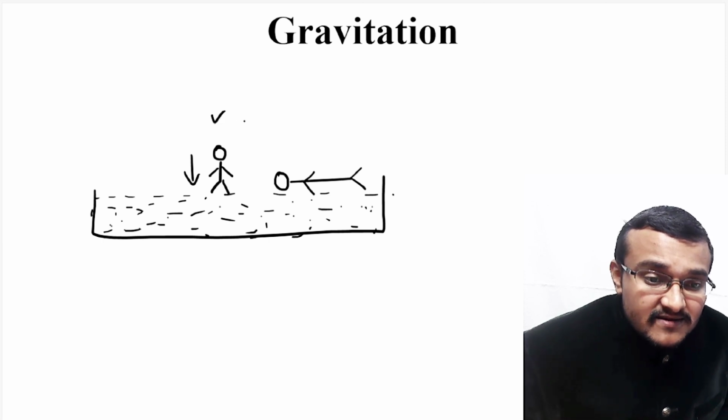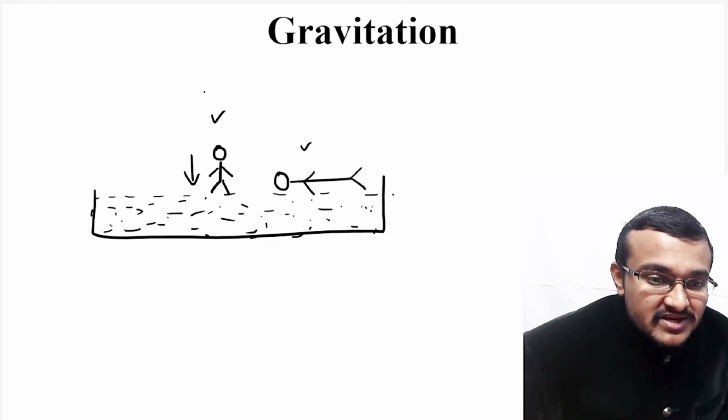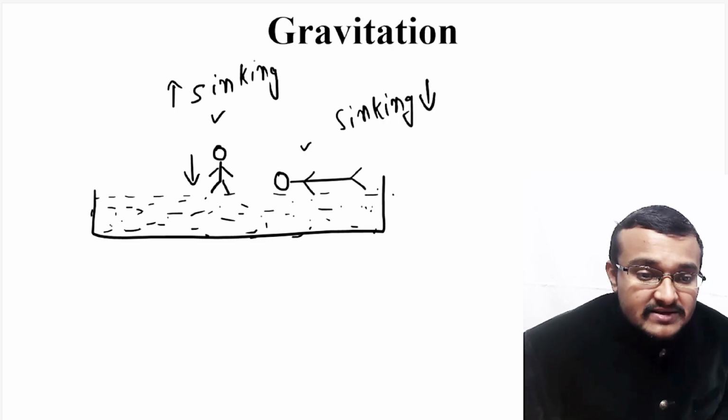Here the person will sink more, and here the same person lying on his back like this will sink less. So here sinking is more, but here sinking is less. Why is this happening?